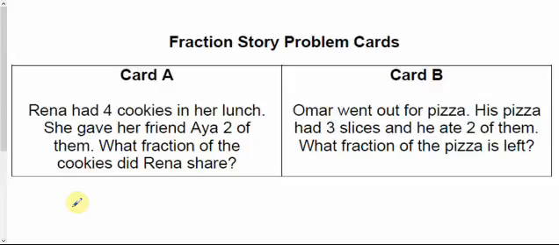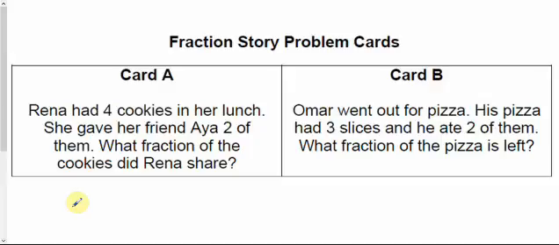The first one, card A. Rina has 4 cookies in her lunch. She gave her friend Aya 2 of them. What fraction of the cookies did Rina share? I want to know what is the fraction which Rina shared.